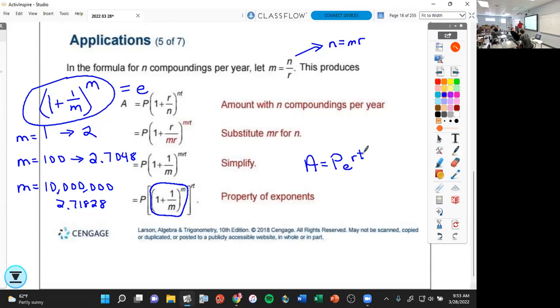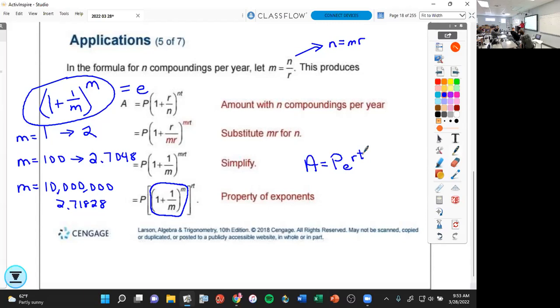Well, what I was doing is expanding what this turns out to be. This is what I was talking about a while ago. I've got 1 raised to an infinitely large number, right? And I'm adding something to that 1. But what am I adding to that 1? As M gets larger and larger, I'm adding a smaller and smaller number, right?